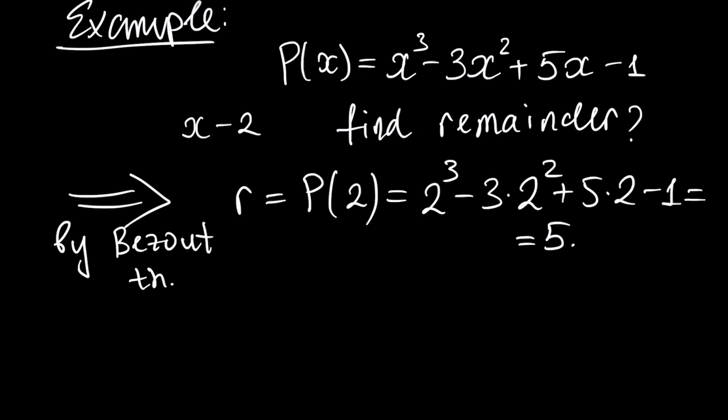So using Bezout theorem, we can easily find the remainder after division of our polynomial by this binomial.